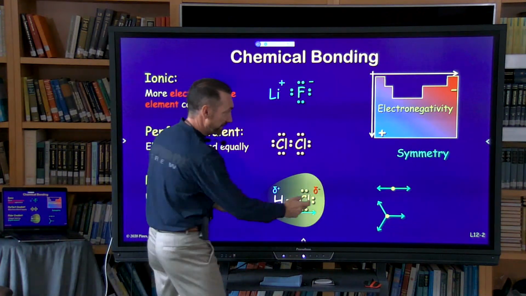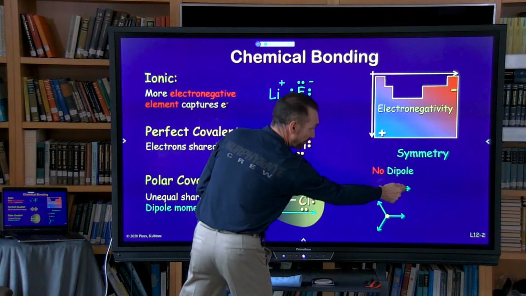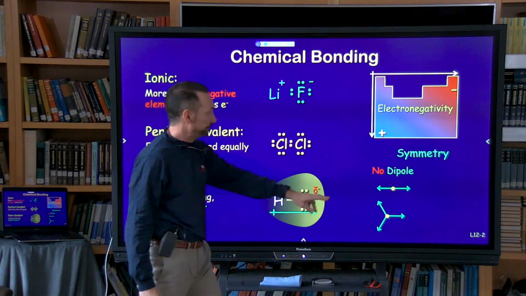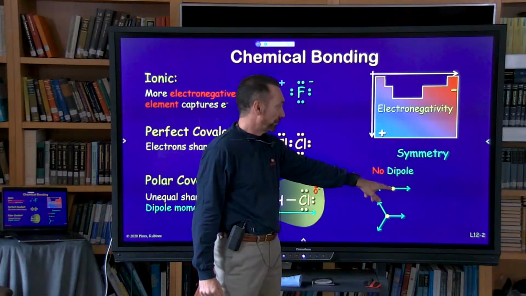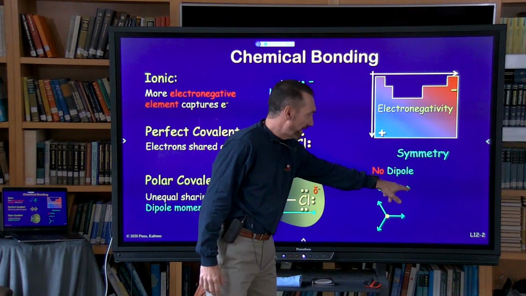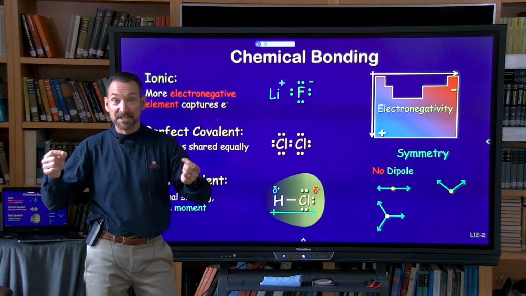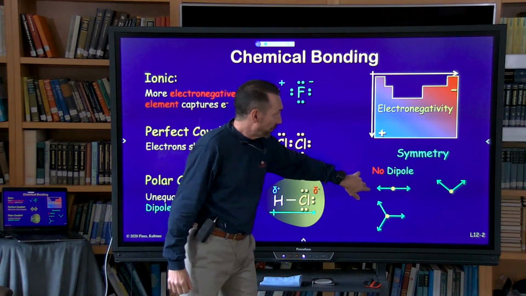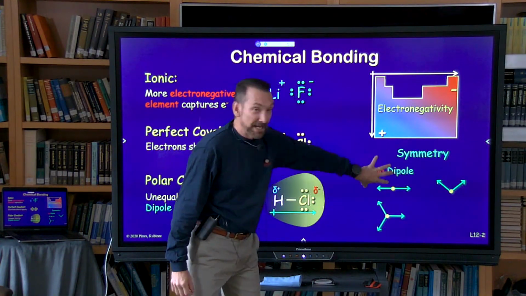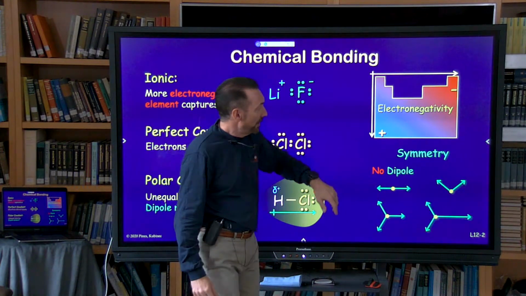And I think you could see if I have some symmetry. So here's a 3 atom molecule or more, but the dipoles of that bond and that bond perfectly cancel each other out, same size and magnitude. So symmetry can eliminate your dipole because all the little individual dipoles add to zero.